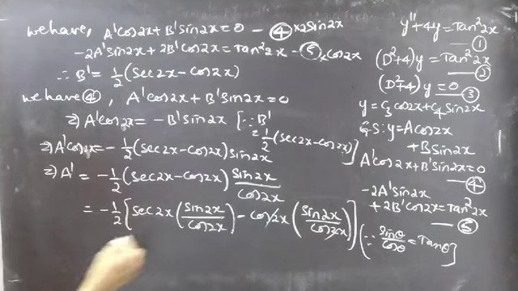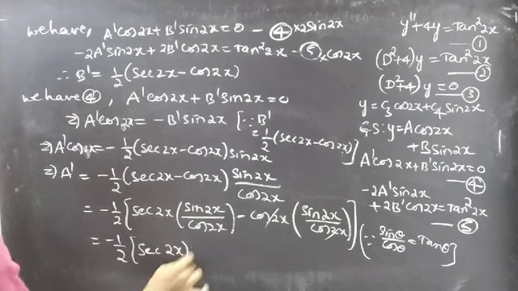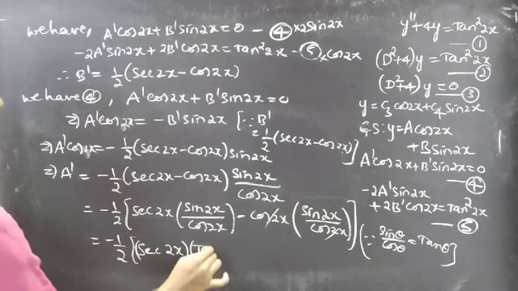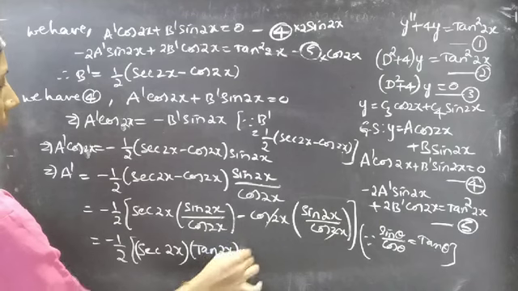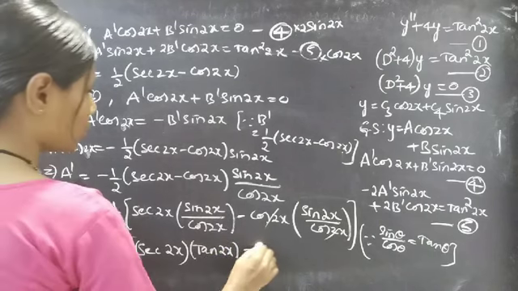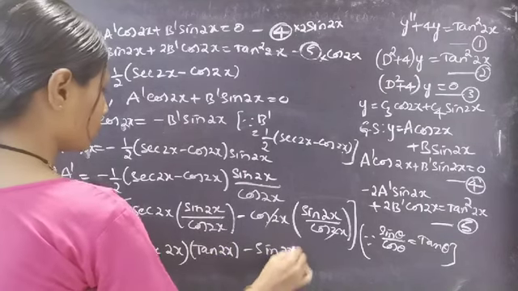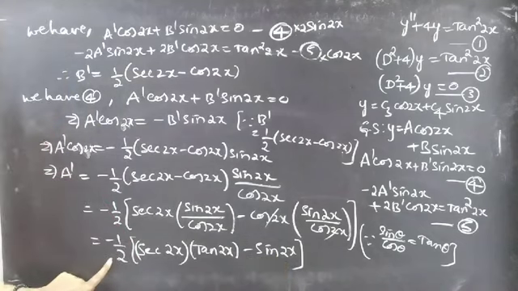So we'll replace it with tan. We'll get minus 1 by 2 into secant 2x into tan 2x minus sin 2x, which is the required a dash.